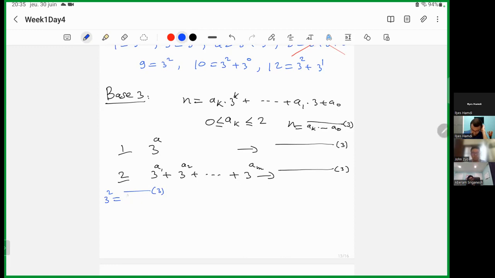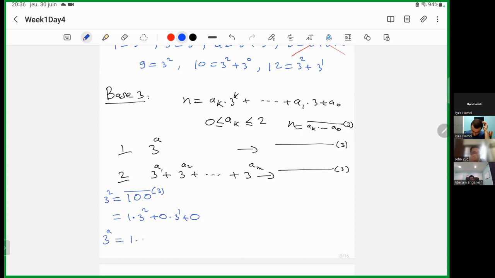Yes, it's 1, 0, 0, exactly. Because this is 1 times 3 to the 2 plus 0 times 3 to the 1 plus 0. So this is why, right? If I only have one power of 3, then I have 1, and then zeros. So same for 3 to the a.